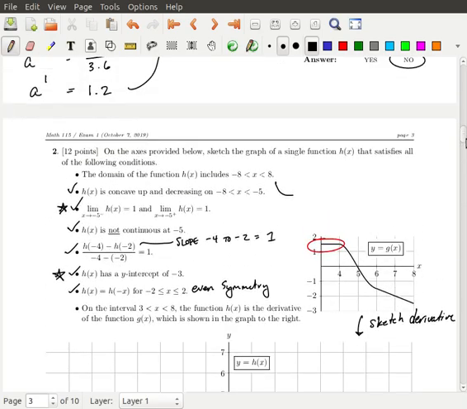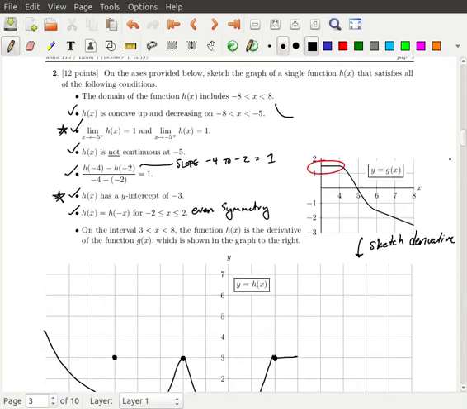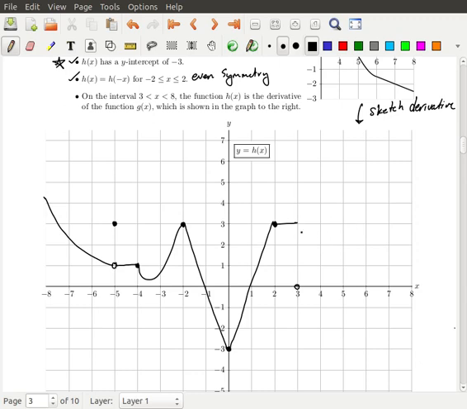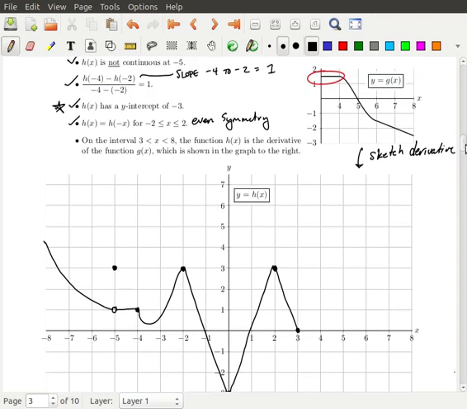And it says the domain is -8 to 8. So this whole function has to be defined on the entire interval, so I'm going to put a closed hole there. We could have also just not had to deal with this funkiness. If I just made the slope like that, we wouldn't have to have worried about the jump. But either one is okay.